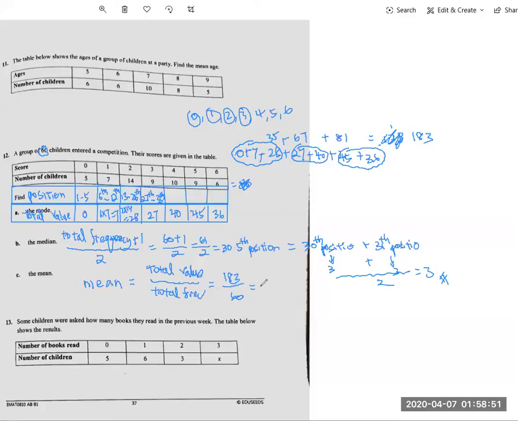If you use a calculator, 183 divided by 60, 3.05, correct. So that's the mean.